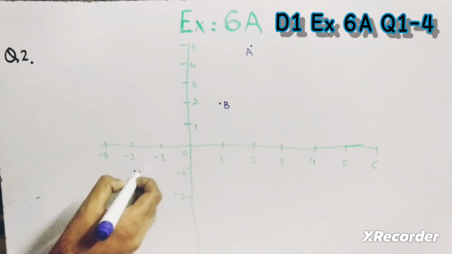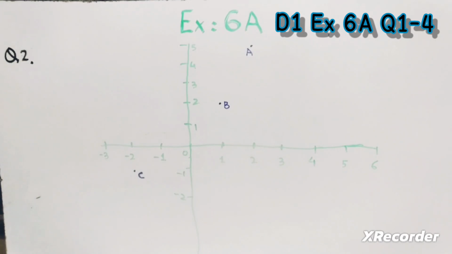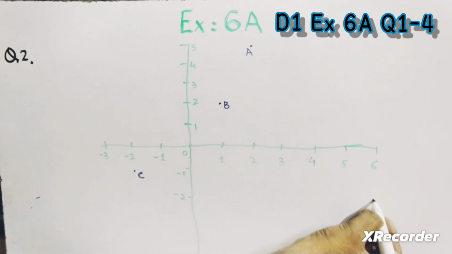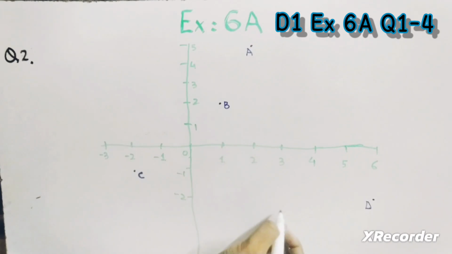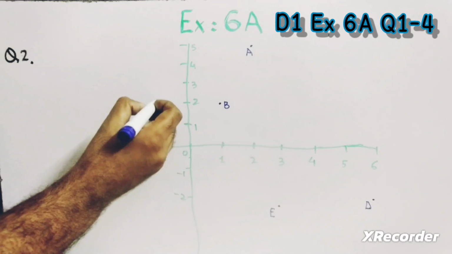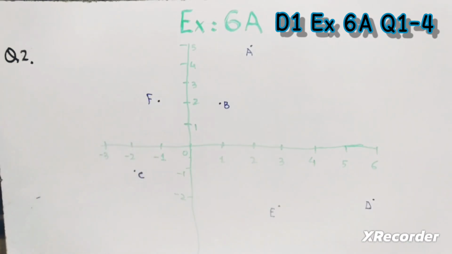Here it is, point C. Point D is 6, comma -2. 6 on the x-axis and -2 on the y-axis. Point E is 3, comma -2. And last, F is -1, comma 2. So these 6 points are plotted on the given piece of graph paper.